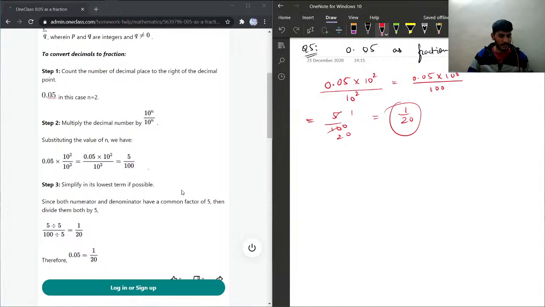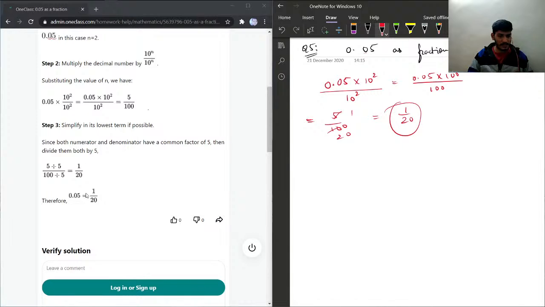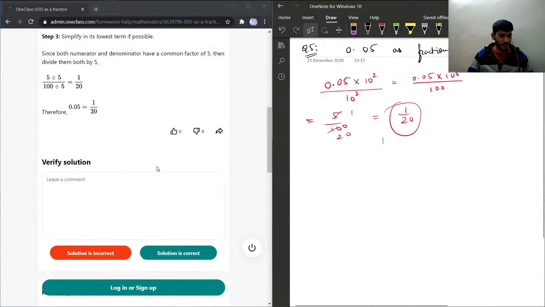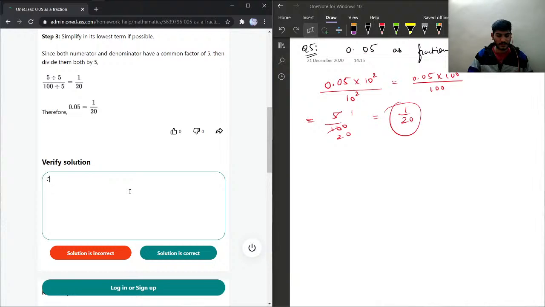Then the same thing, and we have the answer as 1 over 20. Again, the solution given here is correct.